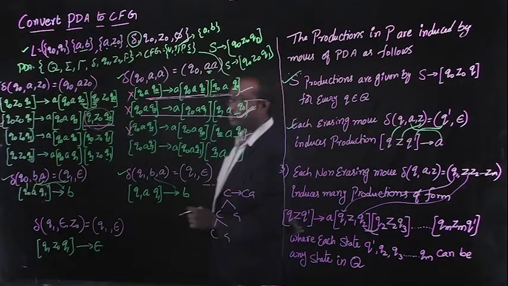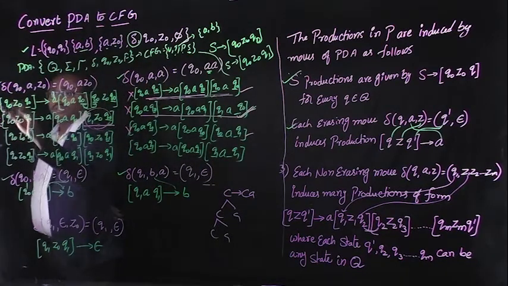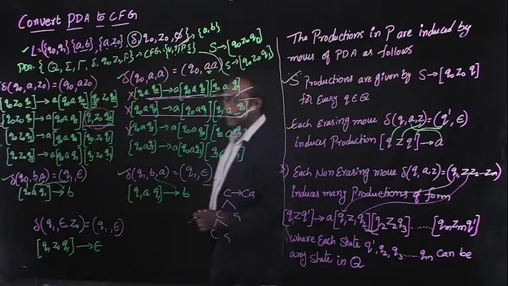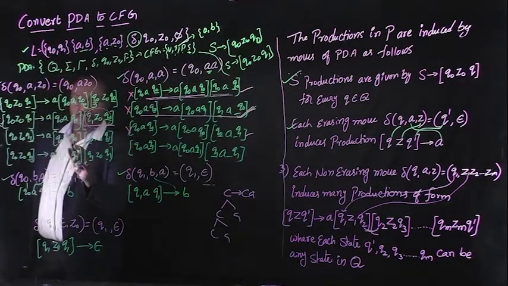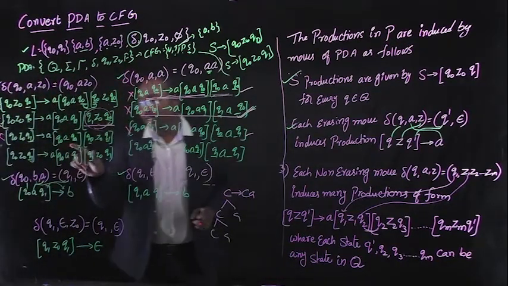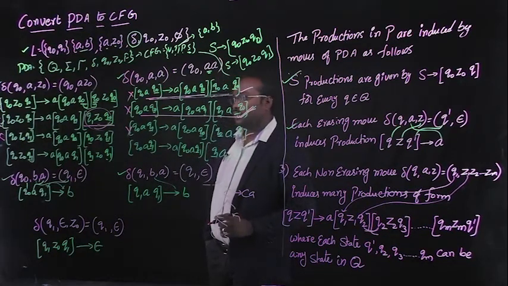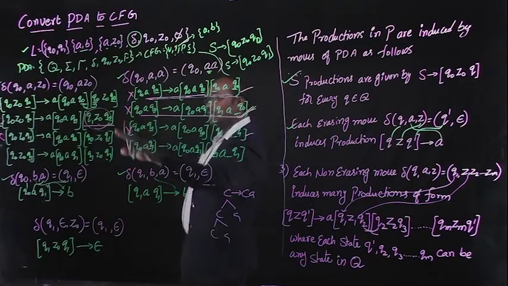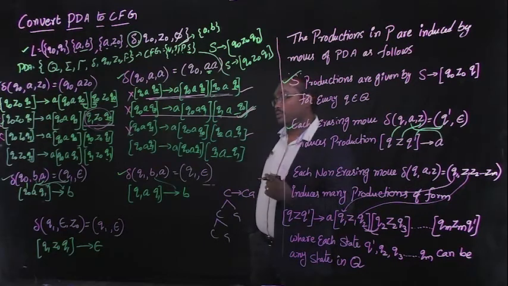And [Q naught A Q naught], a self-repeating variable, should also be removed. Okay, so in total these 6 production rules can be removed.